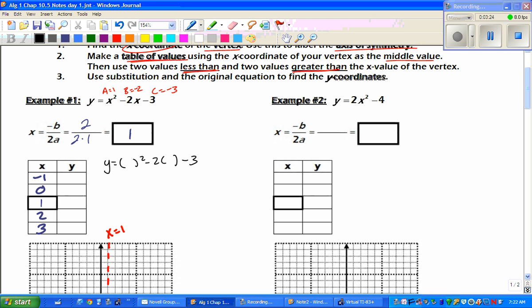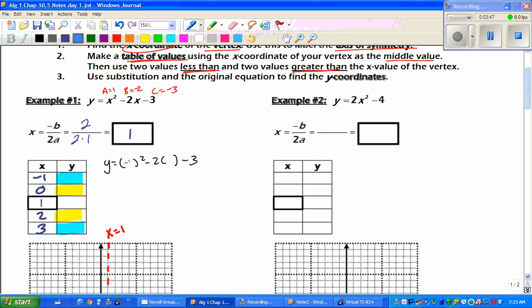Now, the super cool thing is you only have to show work for 1, and you only have to plug in 3 points. And that's because our axis of symmetry means that we have mirror images of these points, okay? And you'll see that once we start graphing.